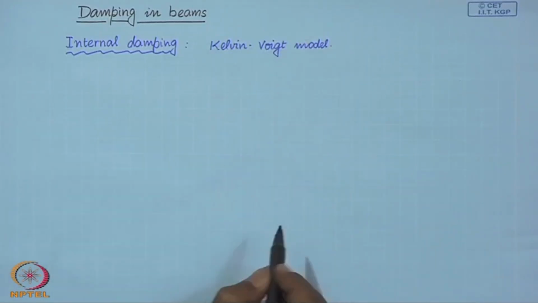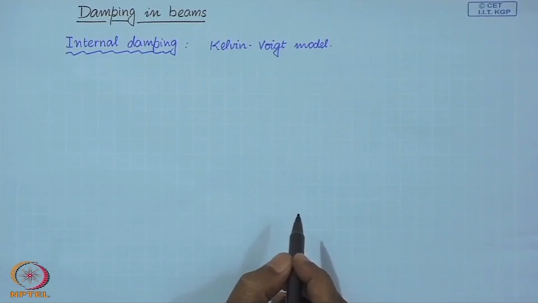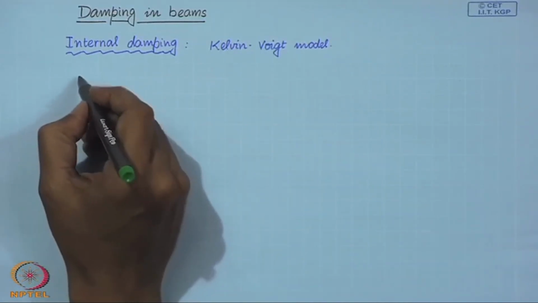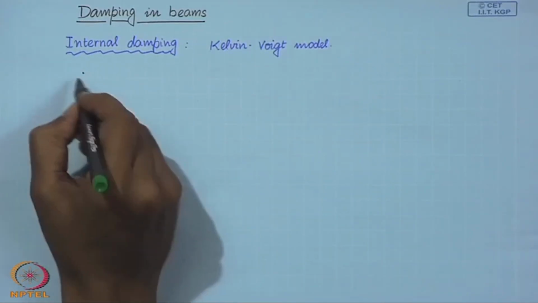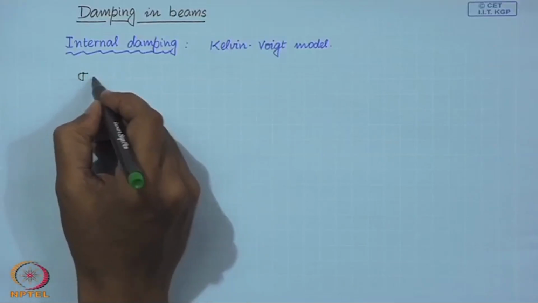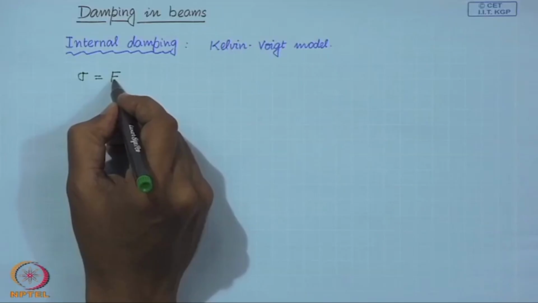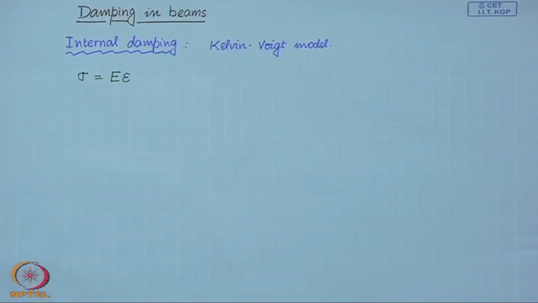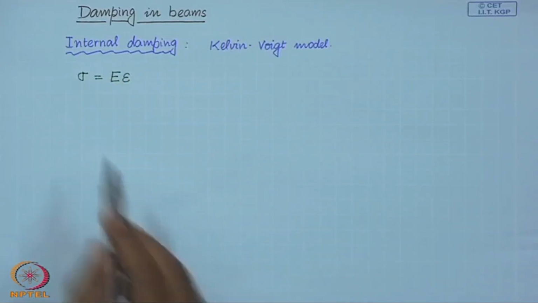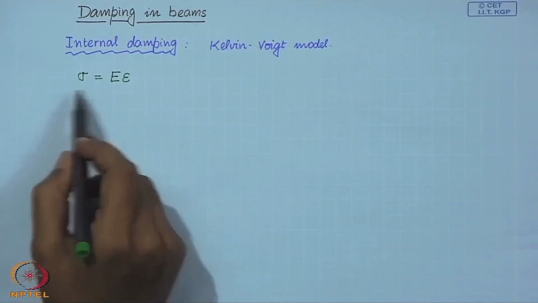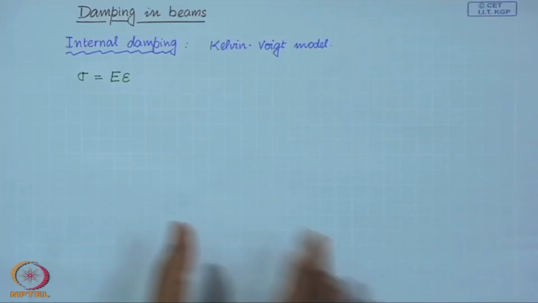In order to implement this model, we modify the constitutive relation of the material. So, we know we have used, for our beam model, Hooke's law given by the stress equals the Young's modulus times the axial strain. So, this was the axial stress in the fibers of the beam.